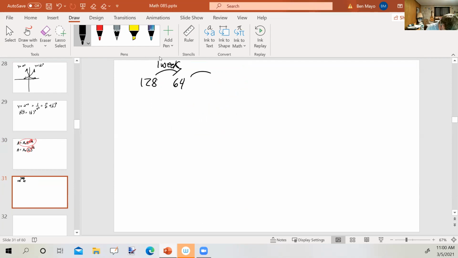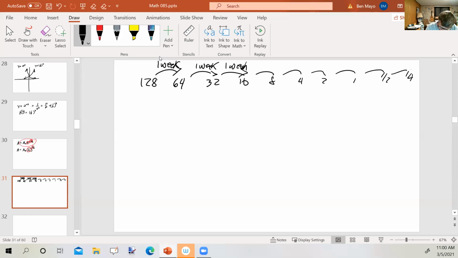And I come back 1 week later, and there's only 32 of them. And I come back 1 week later, and there's 16, and then there's 8, and then 4, and then 2, and then 1, and then a half, and then a 4th, and then an 8th, and a 16th, and et cetera.